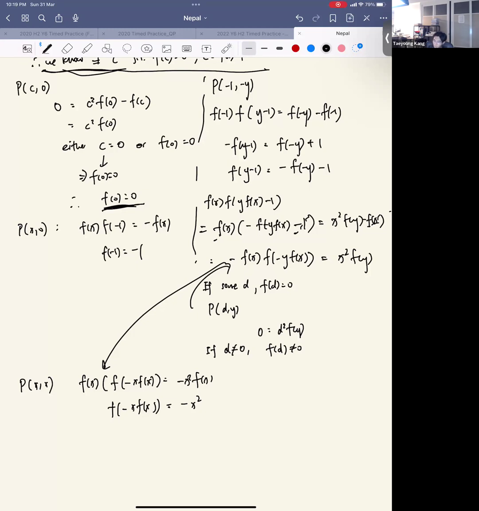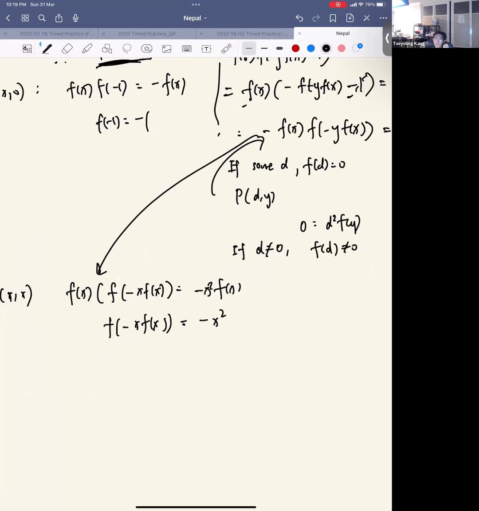So this also kind of gives us a fake injectivity condition, because if you have f(a) equals f(b), just notice that f(-a) f(a) is equal to -a squared, and f(-b) f(b) is equal to -b squared.